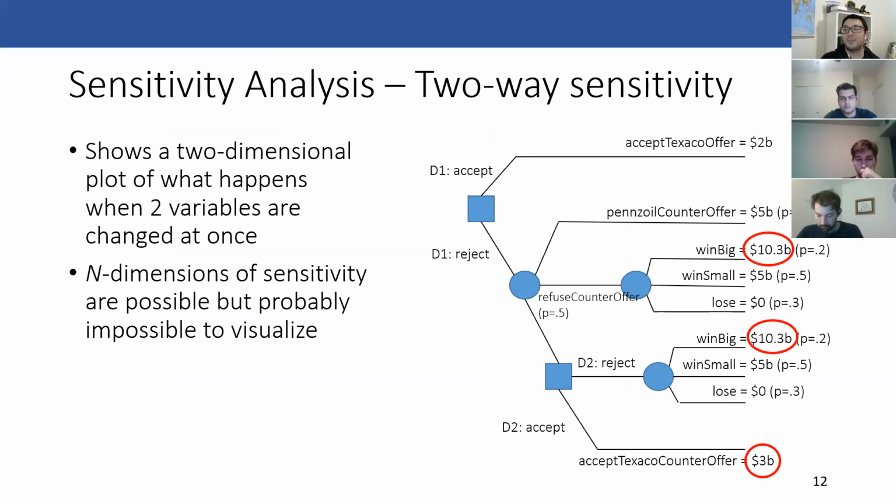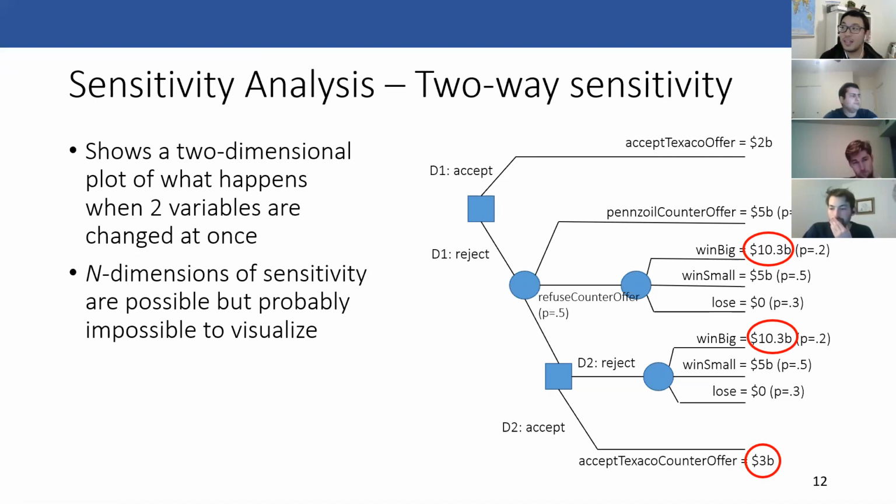So the next step, maybe this is intuitively obvious, but the one way you could approach this is to do a two-way sensitivity. Let's say we wanted to look at the variable win big and how it interacts with the accept Texaco counteroffer. What happens if I vary the win big payoff versus the accept Texaco counteroffer payoff at the same time?